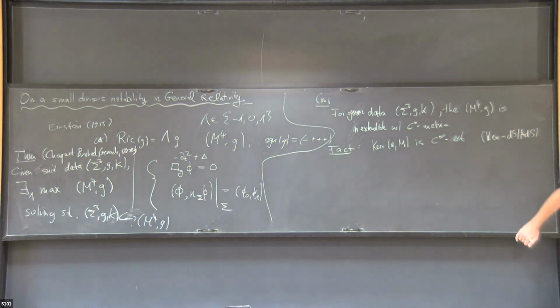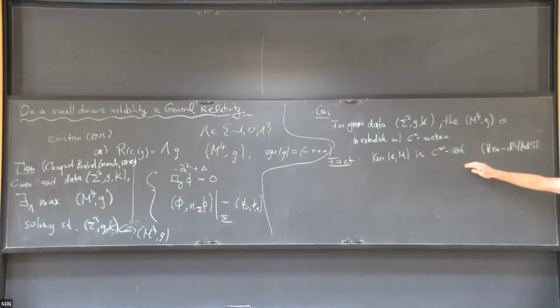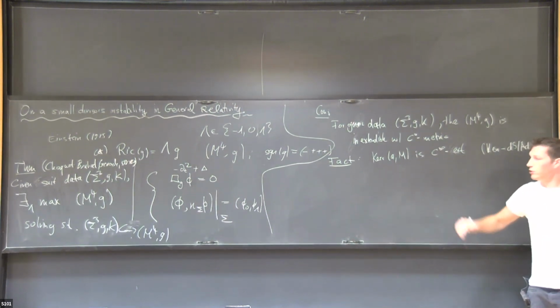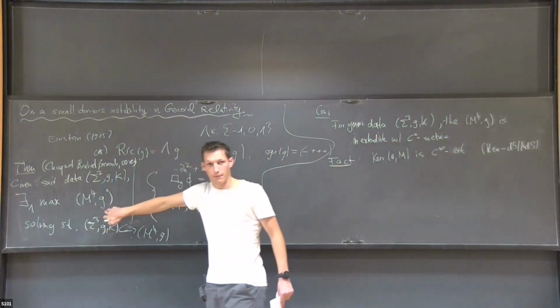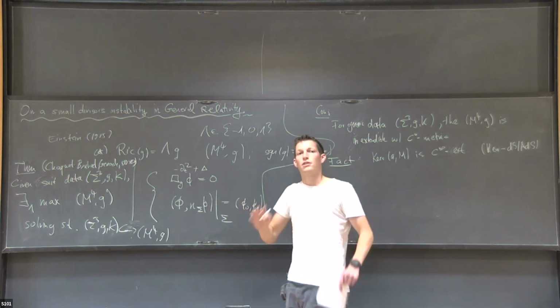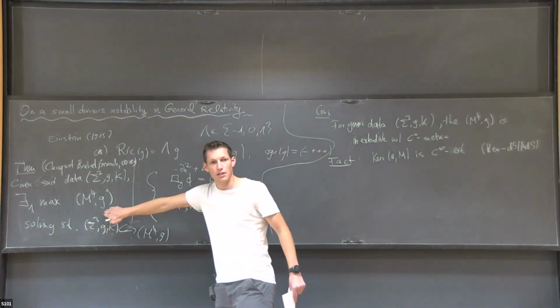Can you explain again what you mean by extendability? By extendability, you get a spacetime here. So this is a manifold M equipped with the Lorentzian metric. The manifold itself, the smooth structure, is trivially extendable. That's never the question. The question is whether the metric g is extendable.